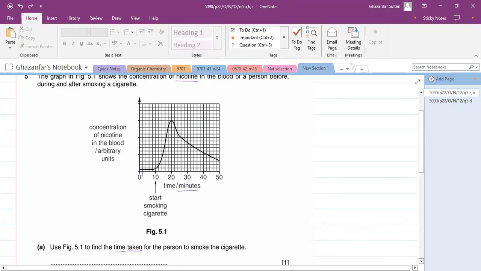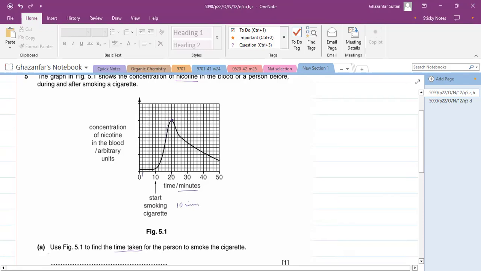So if you observe, from here, when it starts, the concentration of nicotine in his blood starts to rise and it reaches the peak at this point. And this is 20. So 10 to 20 means it is about 10 minutes.